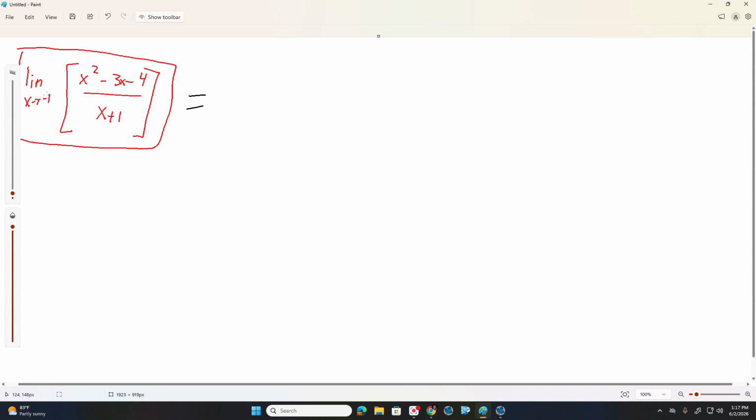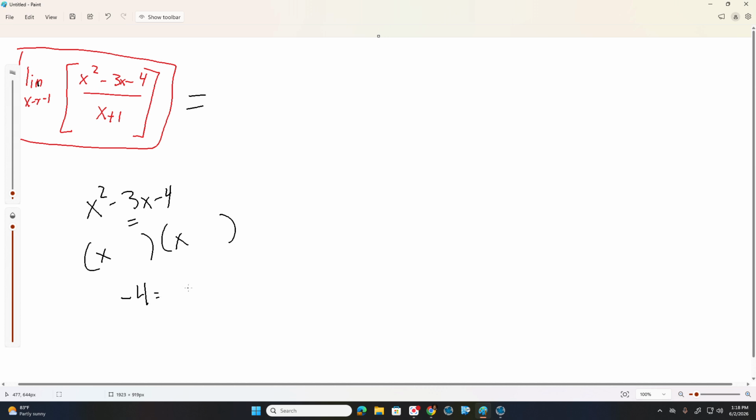Okay, so this is the limit as x approaches negative 1 of the term x squared minus 3x minus 4. And I want to focus in on this x squared minus 3x minus 4. I want to try and rewrite that in factored form. So first of all, what's going to multiply to be x squared? That's going to be x times x. Now, what multiplies to equal negative 4?